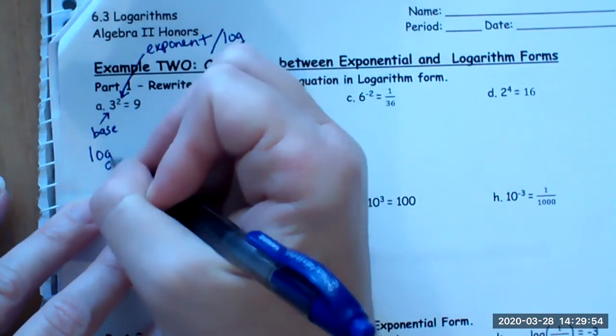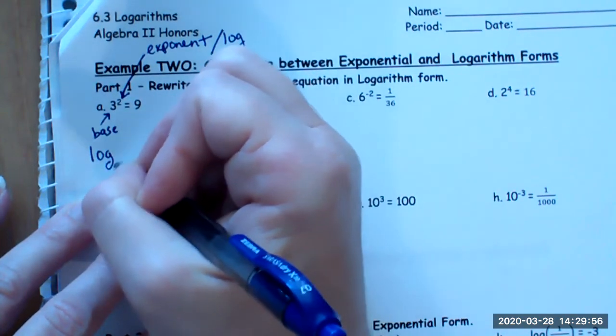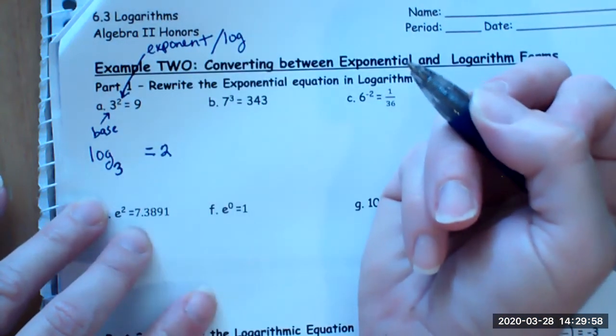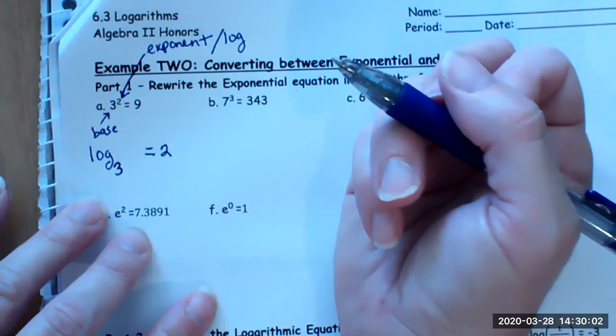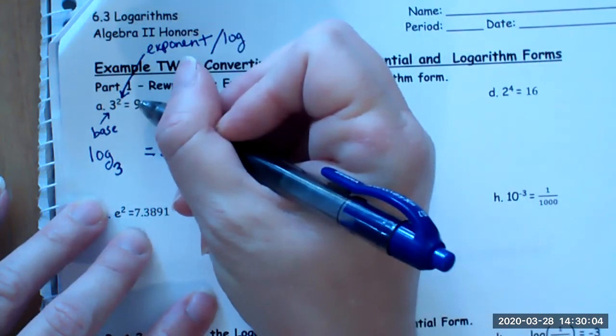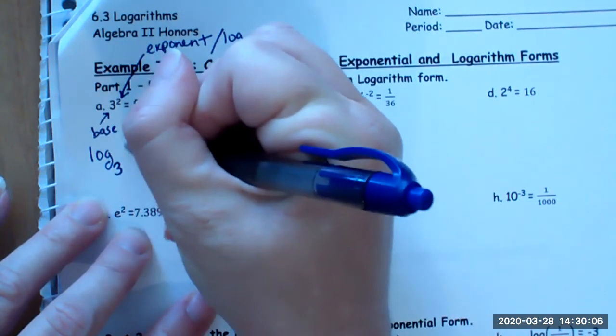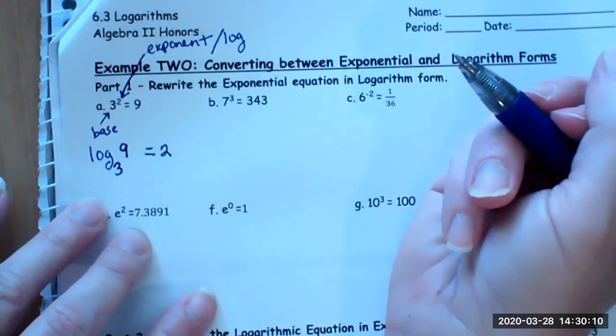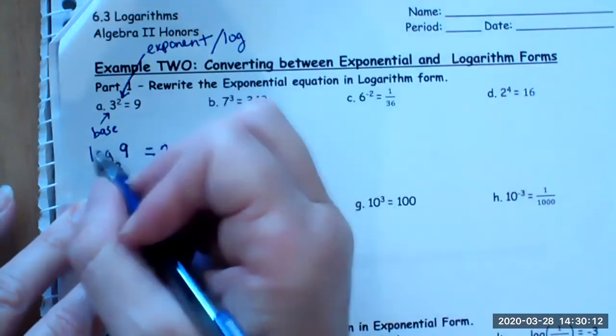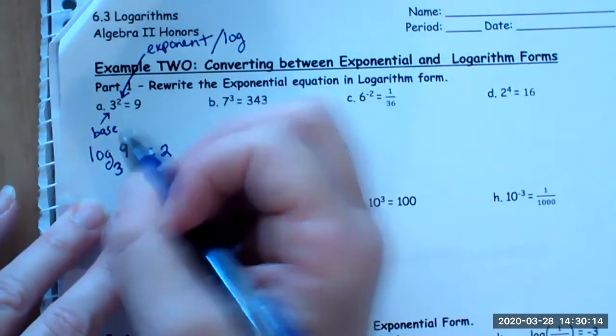So I can go ahead and write the word log and put that number right there in the basement. And then if I look at my original exponential equation, the only value that's left is the 9. And so I'm going to write 9. Okay? And so this is considered my logarithmic form.